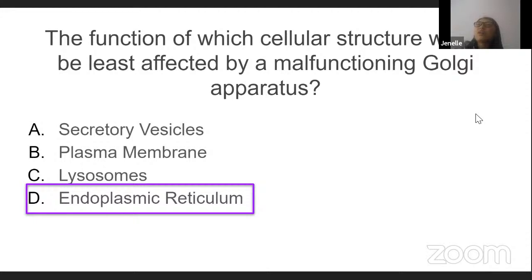So how would the plasma membrane be affected? The function of the Golgi is to sort the proteins that it receives. The contents from the Golgi apparatus go through a vesicle, and this vesicle can either go to another organelle, the lysosomes, or be targeted for secretion.